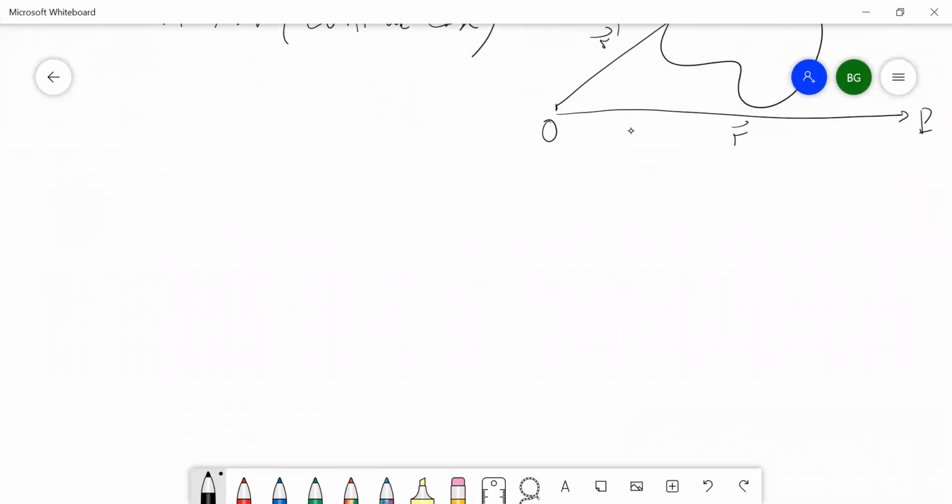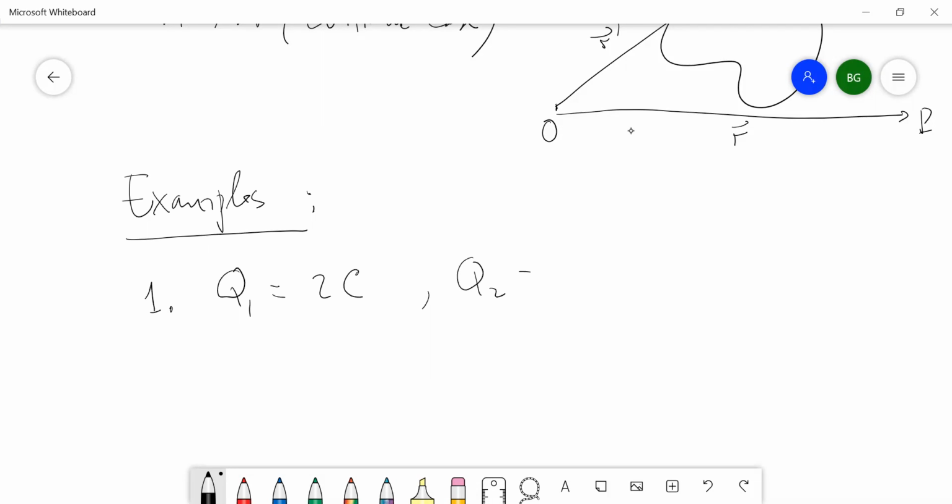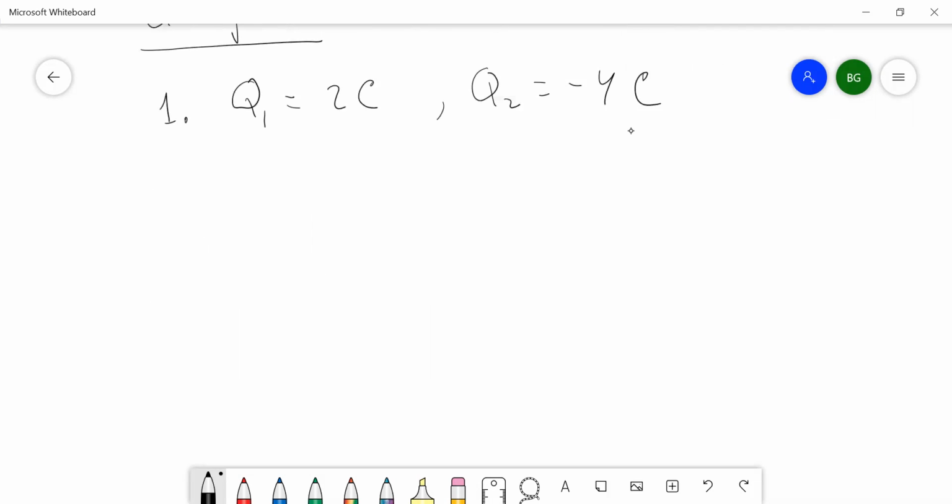Okay, example. Let's say two charges, Q1, 2 coulomb, and then Q2 minus 4 coulomb. Let's say it's 0.